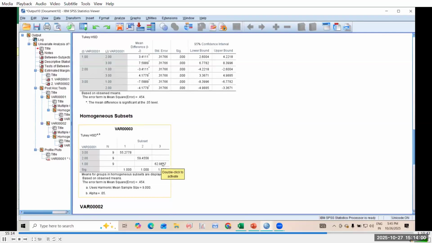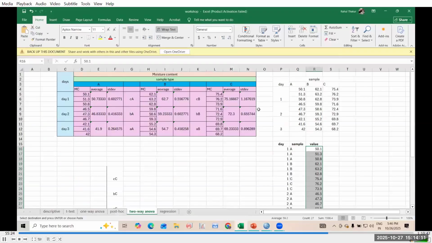So I'll represent variable 1 with small a, b, c. We'll put first the values as day 3.